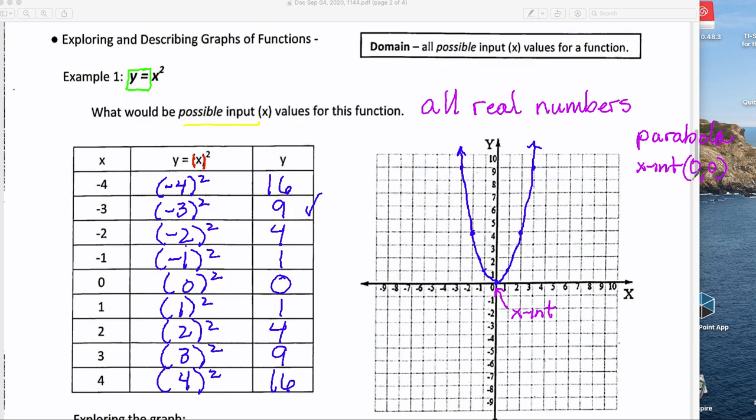Put parentheses around it. It's an ordered pair. All right, where did it cross the y-axis? Same place. Here's the y-axis coming down this way, and it crossed right there. So my y-intercept is also (0, 0).